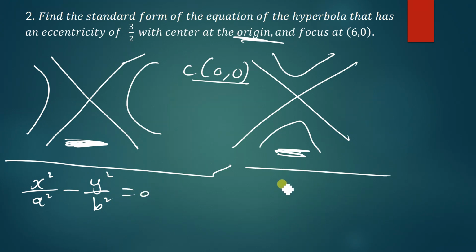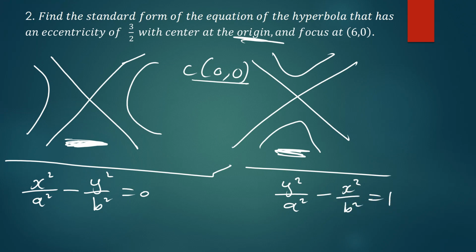For this one it's y squared over a squared minus x squared over b squared is equal to 1.